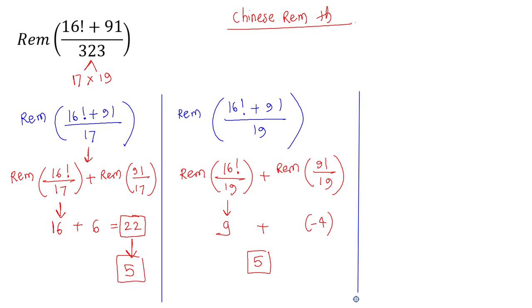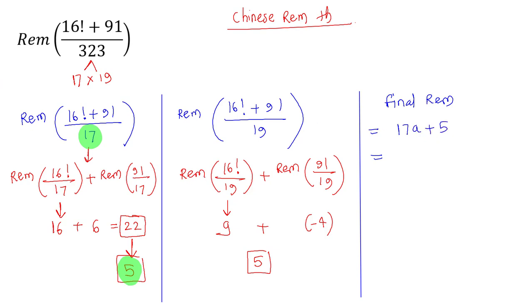Now we are going to use the Chinese remainder theorem. The final remainder is a number which, when divided by 17, gives remainder 5, meaning that number has to be a multiple of 17 plus 5.